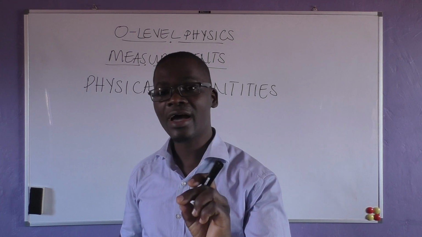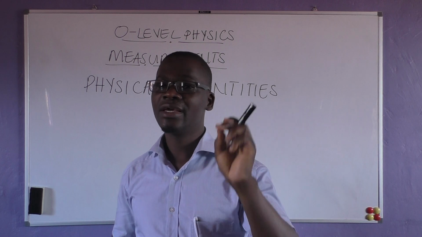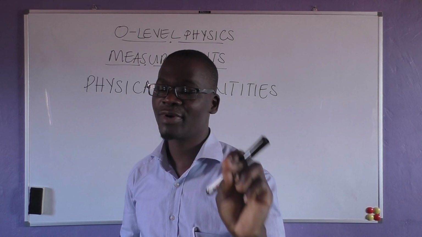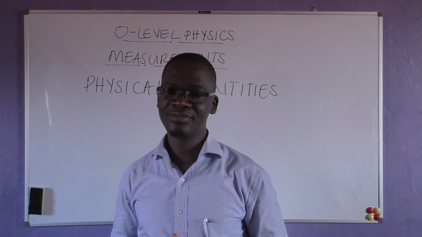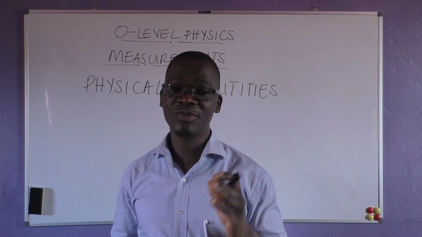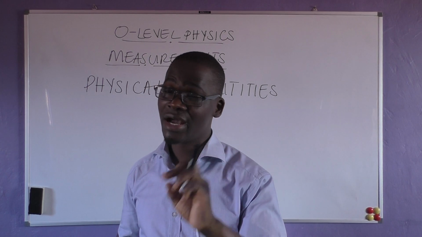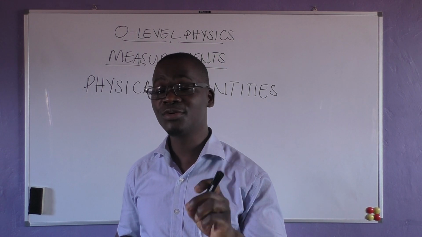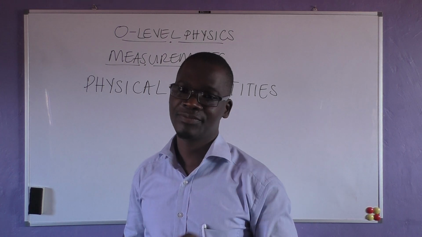We get area by multiplying length. So that means area is derived or obtained from length. The same applies to volume: length times width times height. Those three are just dimensions, but they are all under length. So volume is also obtained or derived from length.